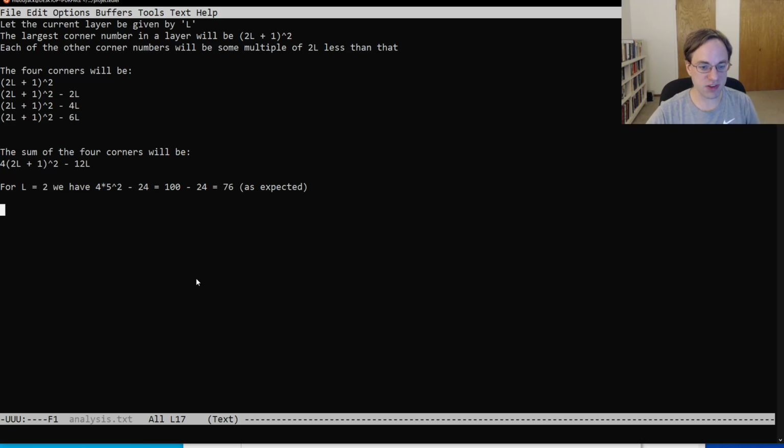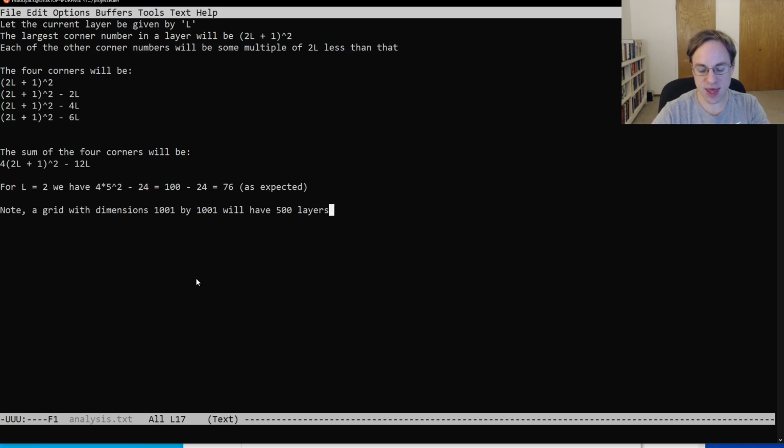Okay, so we have this expression for the sum of the four corners in a given layer. Now we need to sum that over all of the layers. So we'll note a grid with dimensions 1001 by 1001 will have 500 layers.